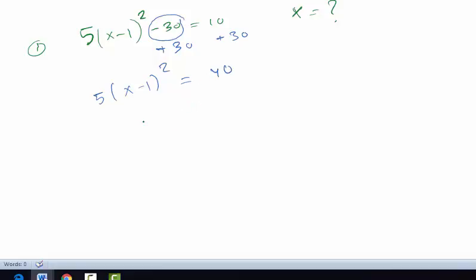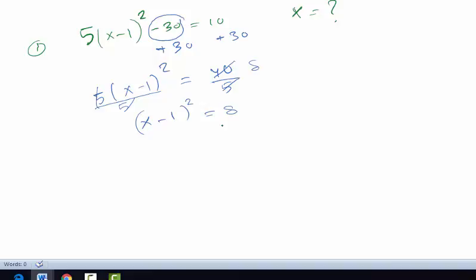Right? Now we have x minus 1. You can see 5 and 40 share a factor, so we can divide both sides by 5, and that gives us 1 on this side and 8 on the other side. So x minus 1 whole squared equals 8.